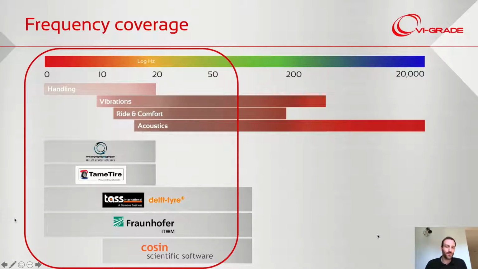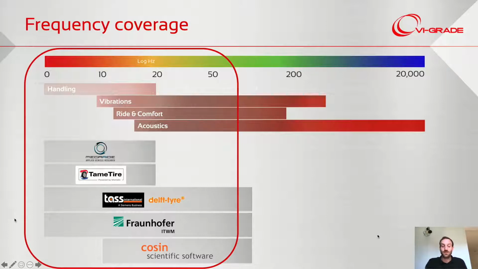Then you have the MF Tire and MF Swift tire modeling suite, distributed by Siemens, covering mainly the handling with MF Tire and the vibration ride frequency domain with MF Swift.